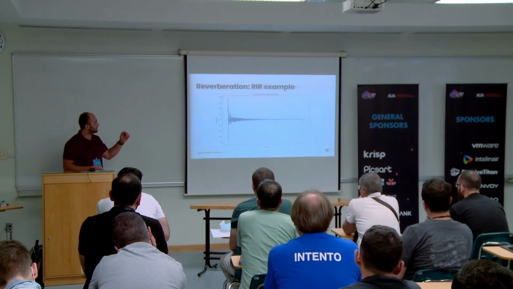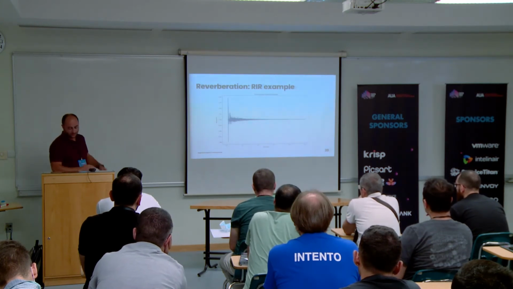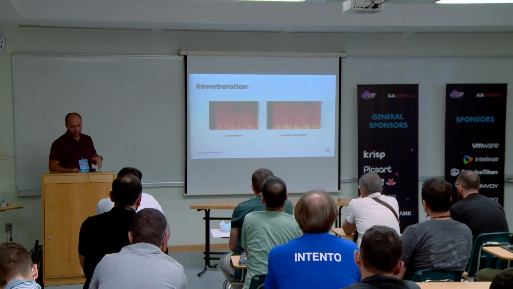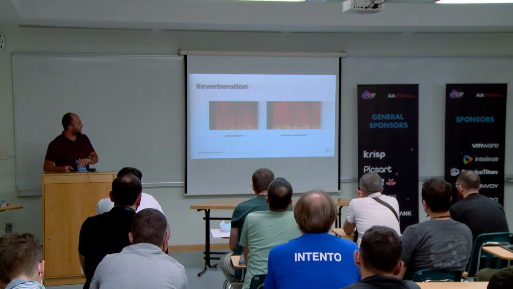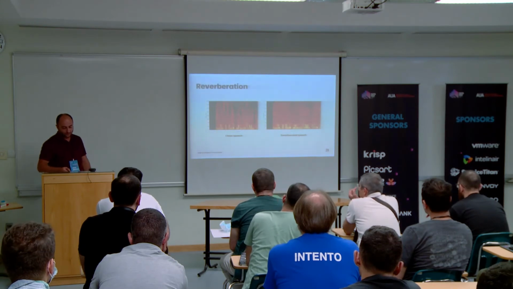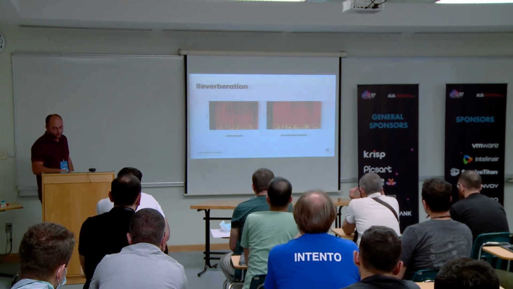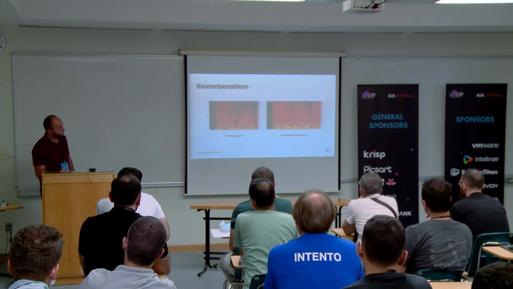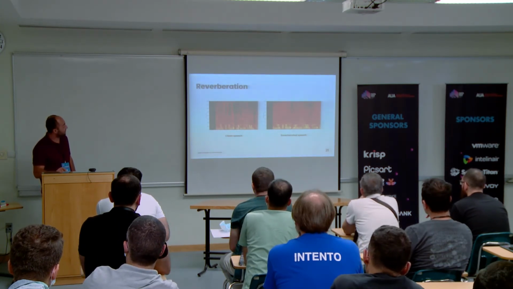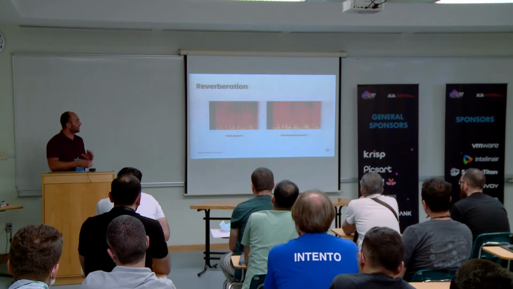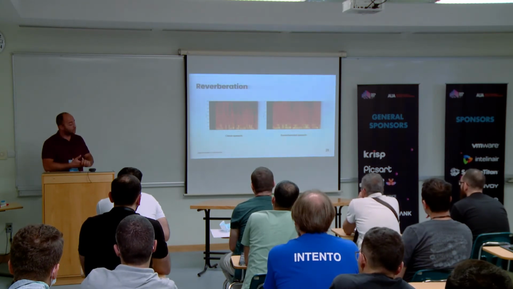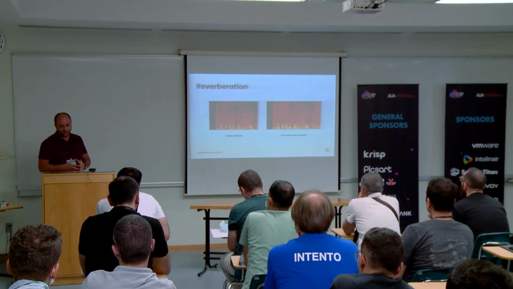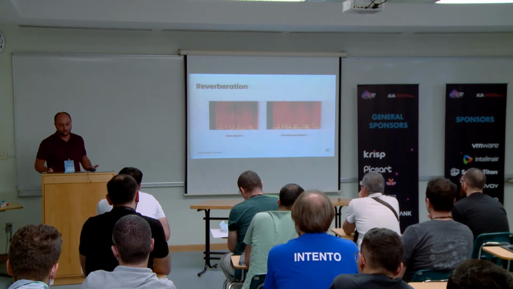As you see, it has a tail-like form, and here you can see the spectrograms for clean speech and its reverberated version. I would like to draw attention to the stretched lines in the reverberated speech spectrogram. It is due to the tail-like form of the room impulse response. And you see that reverberation is a type of speech degradation.